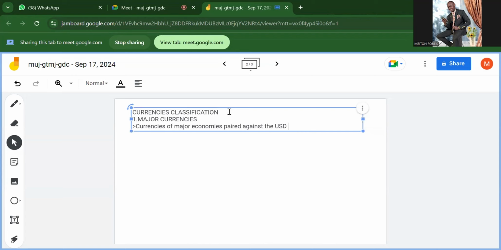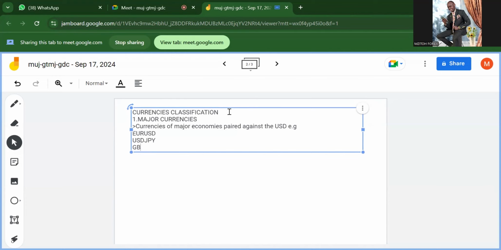Let's give some examples. Who can try? Down there on the chart, give me an example of a major currency. Let me give you one or two. Number one, we have euro paired against the dollar. We also have the United States dollar paired against the Japanese yen.